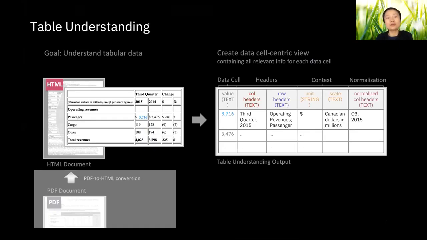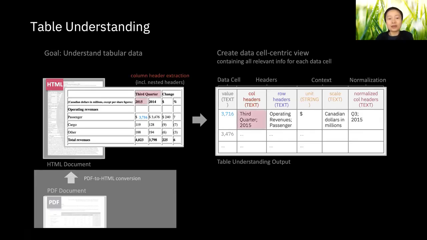Another thing we also do is understand semi-structured data like tables. What we do there is for every single table, we want to, in the end, construct a data-cell-centric view so that we understand for every number here what the meaning is, right? So instead of this form, we want to say, okay, for this table cell, this is the column header, row header, some context information, and we even want to normalize the context.